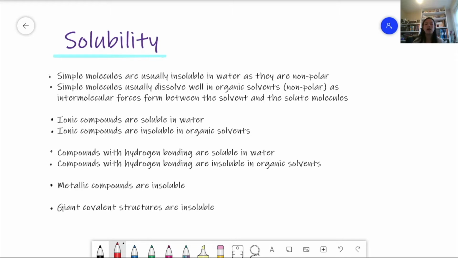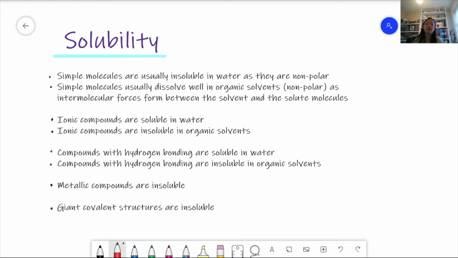Ionic compounds are usually soluble in water, and that's because water is polar and ionic compounds are also polar. And then ionic compounds are insoluble in organic solvents because they're polar and organic solvents are non-polar. Compounds with hydrogen bonding are soluble in water, because we'll learn later that hydrogen bonding occurs between a hydrogen and a very, very electronegative atom.